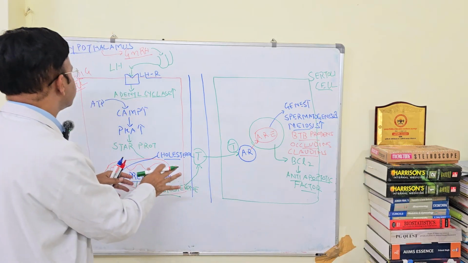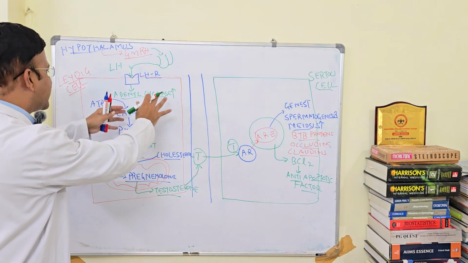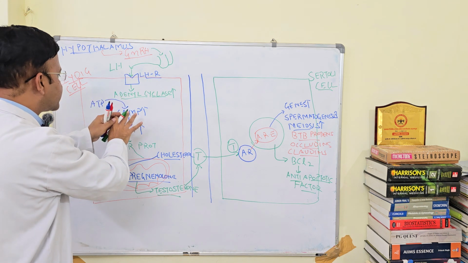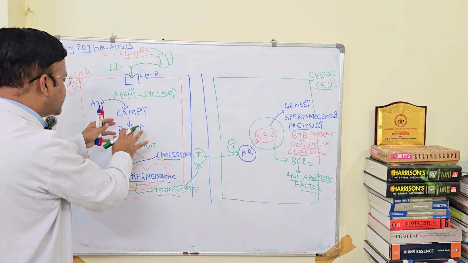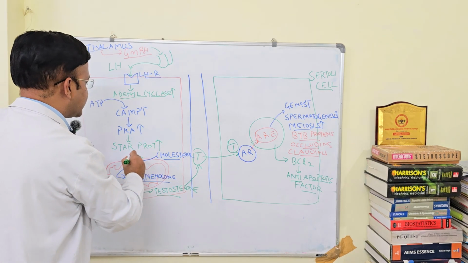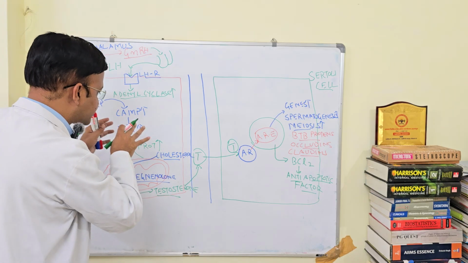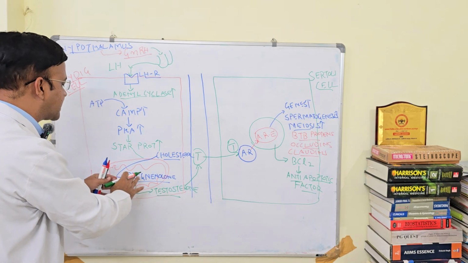Up till now the story is simple. The LH acted on the LH receptor, right? It stimulated adenyl cyclase. ATP got converted into cyclic AMP. Cyclic AMP further increased PKA level. PKA increased the level of StAR proteins, right? The StAR proteins stimulated the cholesterol side chain cleavage enzyme, and through multiple steps it became pregnenolone.